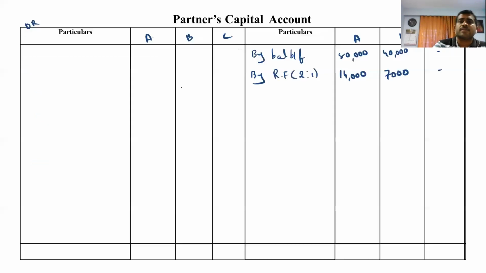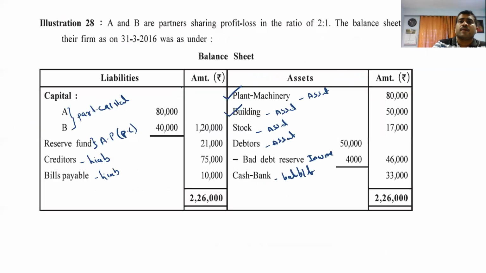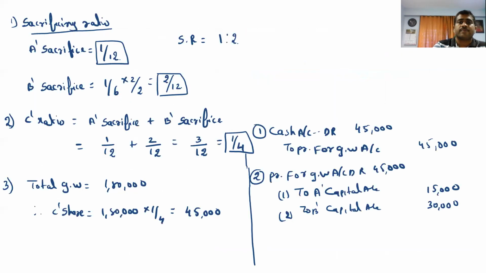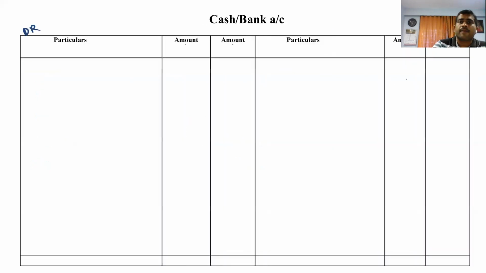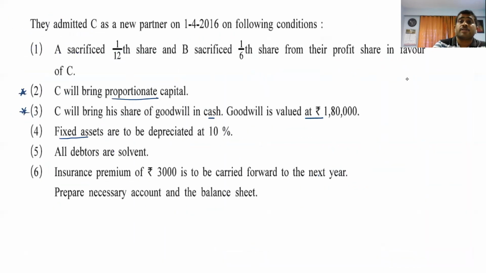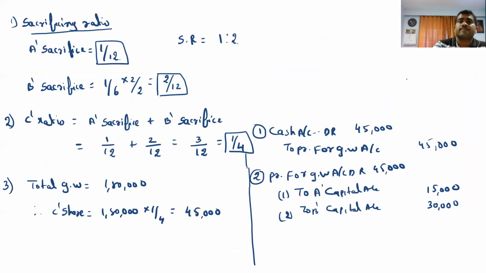Now we are moving towards the asset side. So let's see the assets. Plant and machinery, tick mark is there with 80,000. So plant and machinery, where does it go? Asset side, inner column 80,000. One tick, one line. After plant and machinery, we can see building.